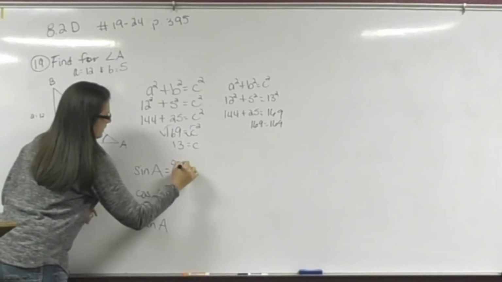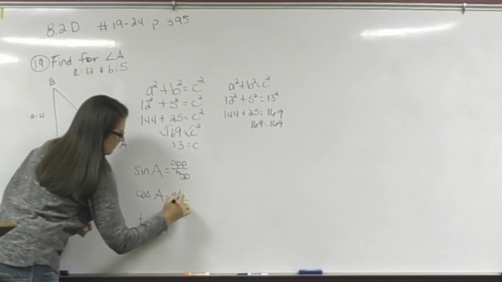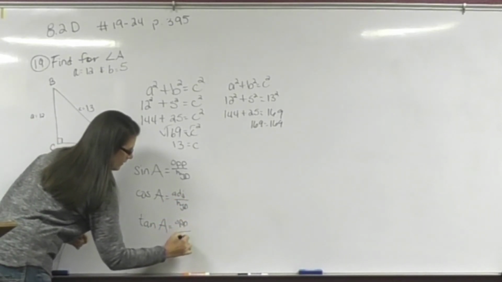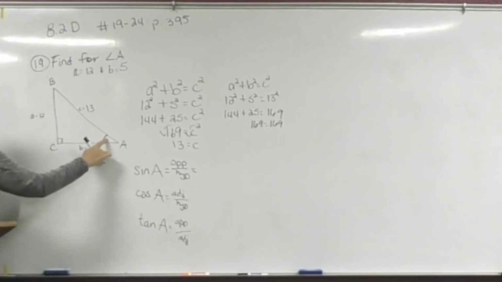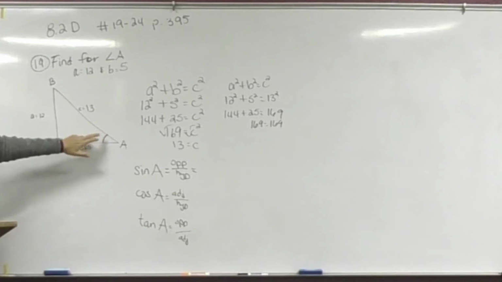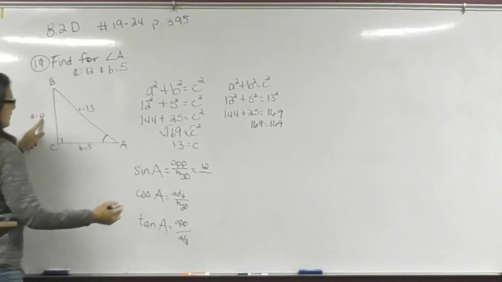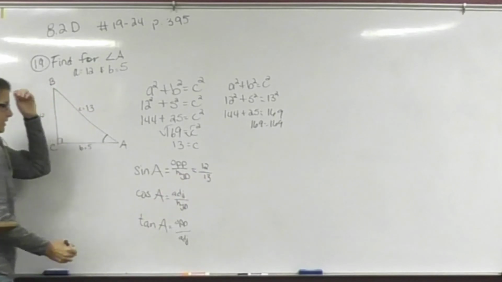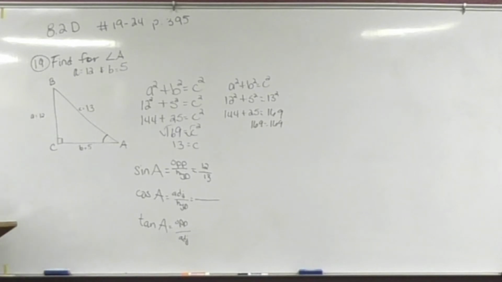Sine is opposite over hypotenuse. Cosine is adjacent over hypotenuse. And tangent is opposite over adjacent. So called TOA. All right? So this is our reference angle, so opposite is over here. That's 12. Hypotenuse is always the longest side of a right triangle, opposite the right angle.